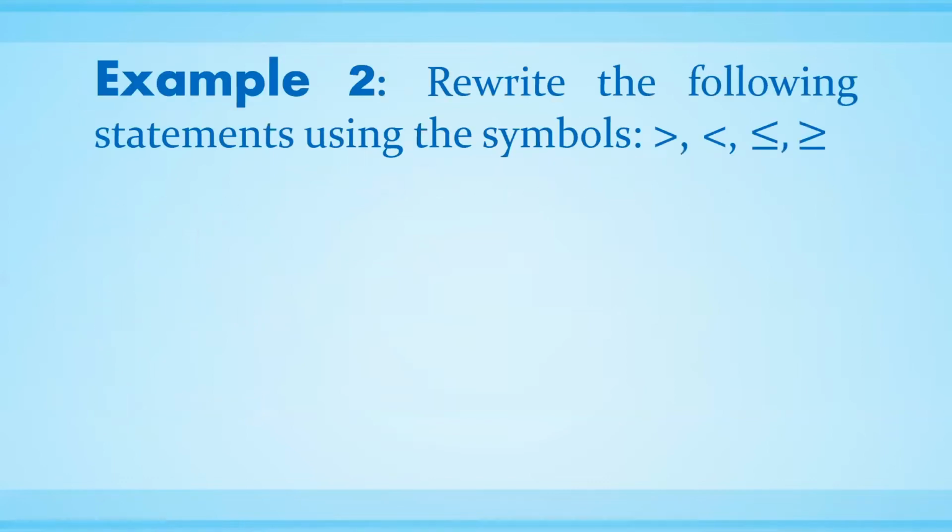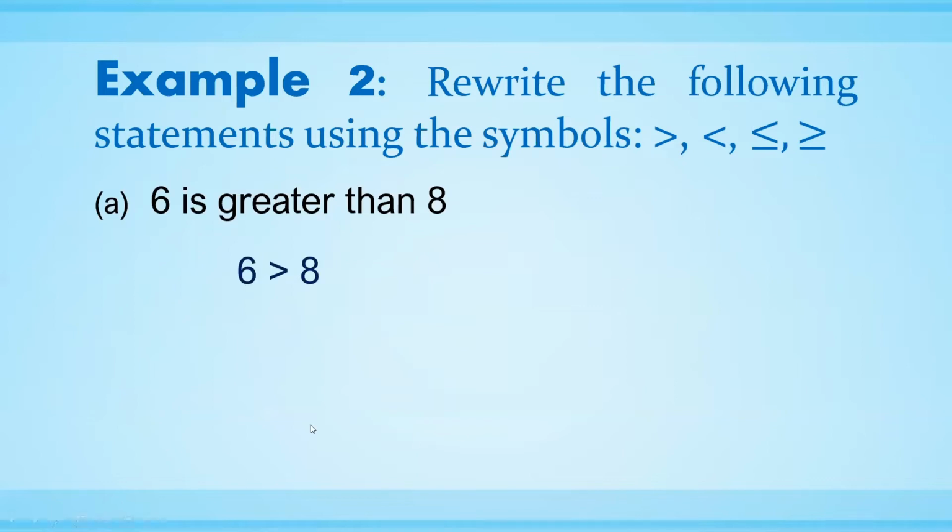Now we're going to see how we can write the following statements using the different inequality signs. 6 is greater than 8. So I write it as 6 and I use this inequality symbol to represent greater than 8. Part B, negative 2 is less than 5.